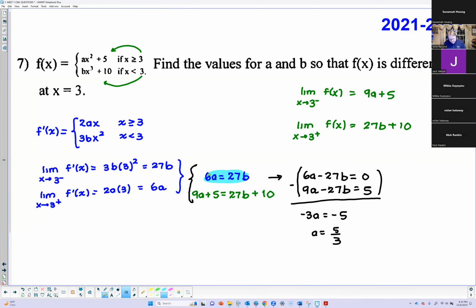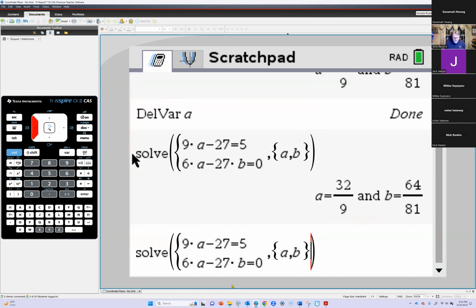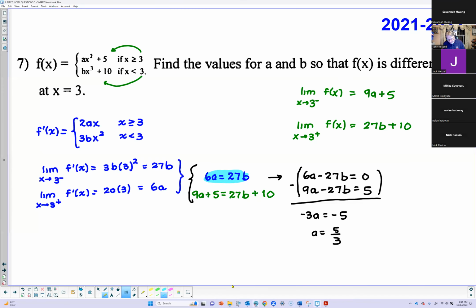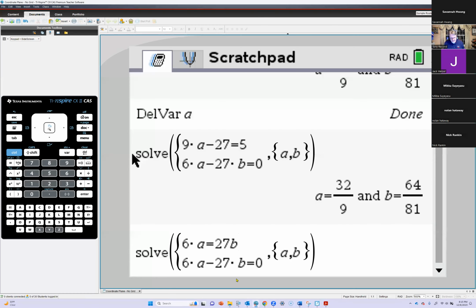I'm just going to say 6A equal 27B. So let me just retype this. 6A is 27B. And then the other equation was 9A plus 5 equals 27B plus 10.